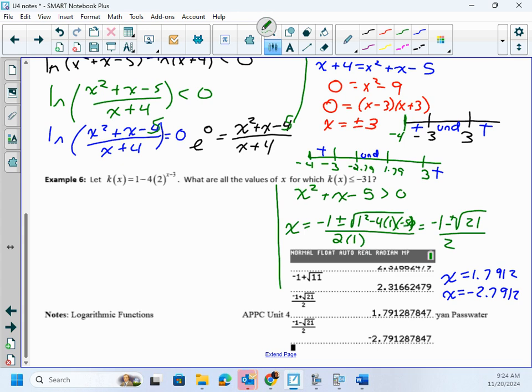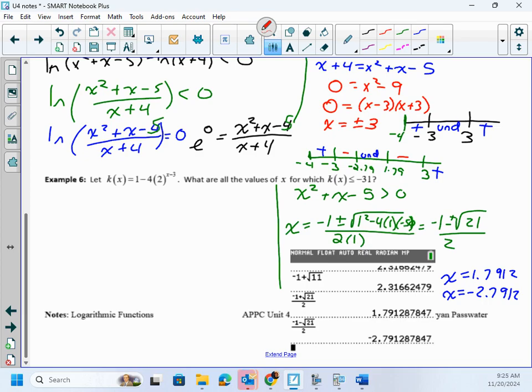And the answer is yes. And so the question is, where do they land? If you look at the numbers, and this would be a calculator question, instant time is going to tell you when you plug in a number between these two, yes, negative, and yes, it's negative.